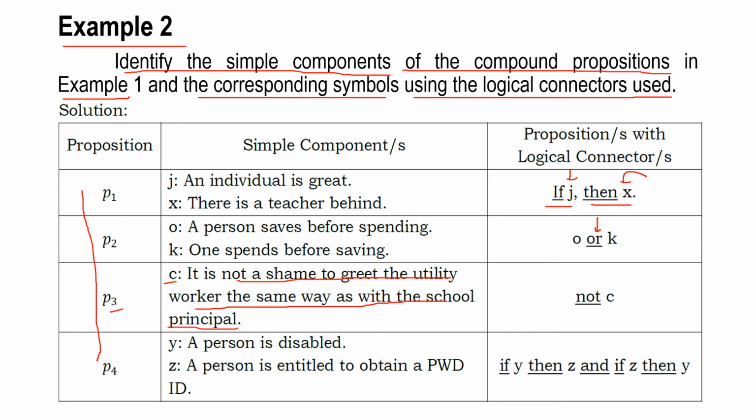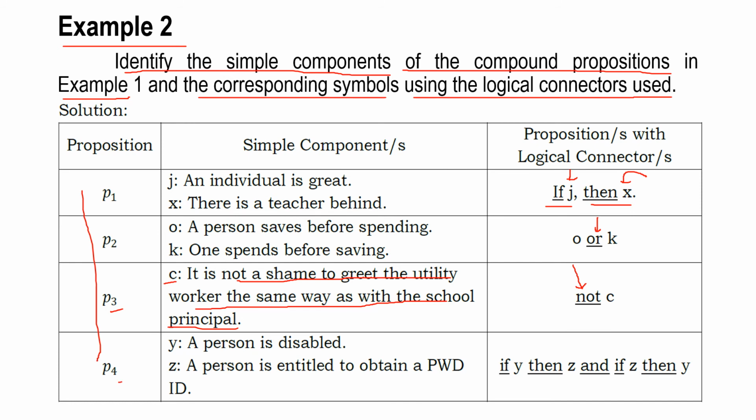So we simply use the logical connector not here. Even if there is a single proposition, if we put the logical connector not, it makes a compound proposition in a way that the resulting sentence will be the negation or totally opposite of the original proposition. Once we put not, that will represent your negation.